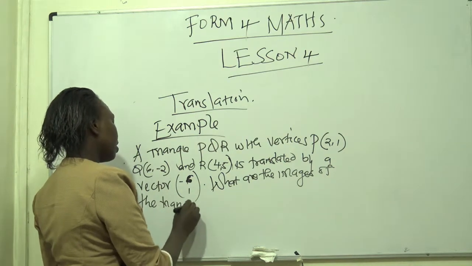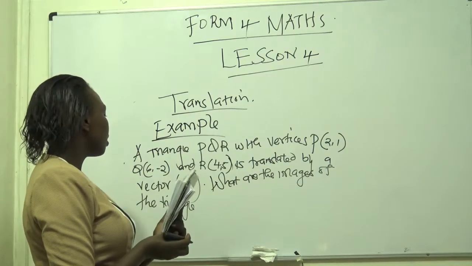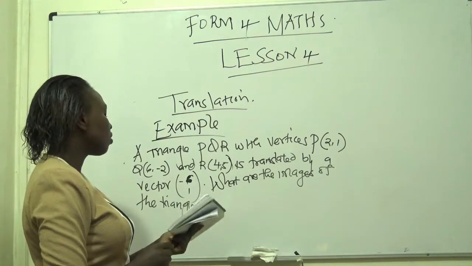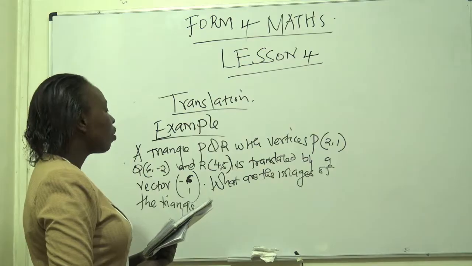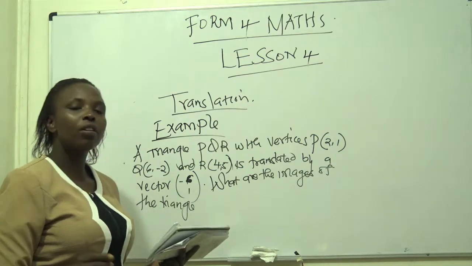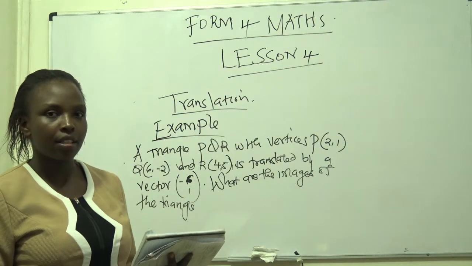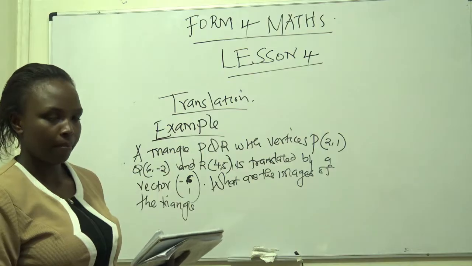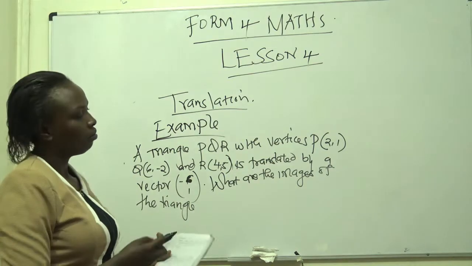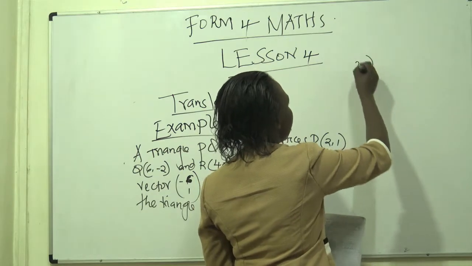So we want to find the image for this triangle, and that is after we do what we are calling translation of negative 6, 1 on the 3 points that have been given, that is P, Q, and R. So we are going to start by looking for the image of P, that is P prime. Our point P is at point 2, 1.